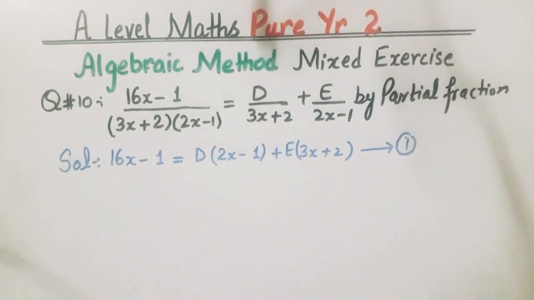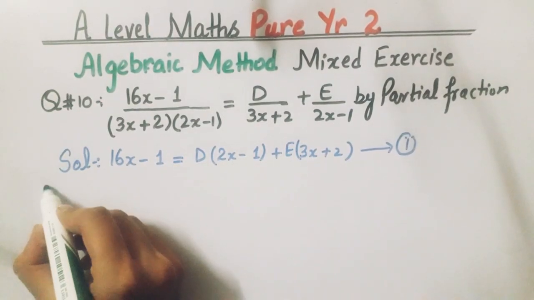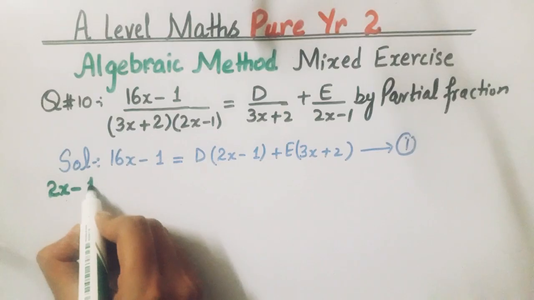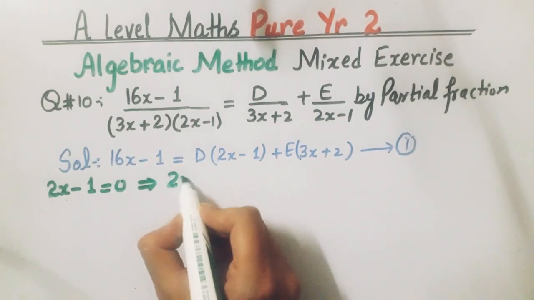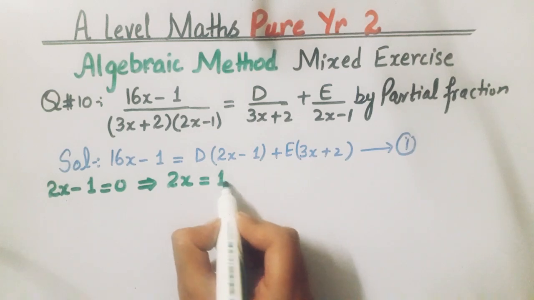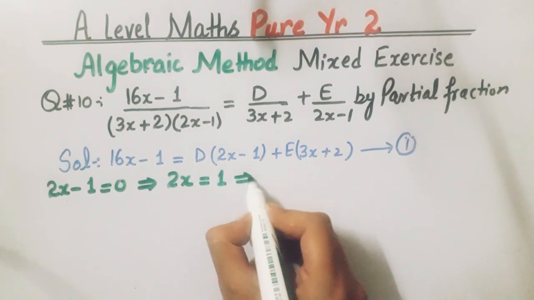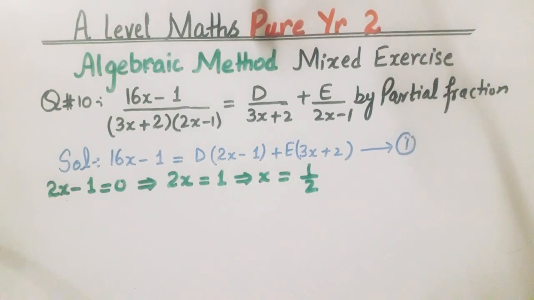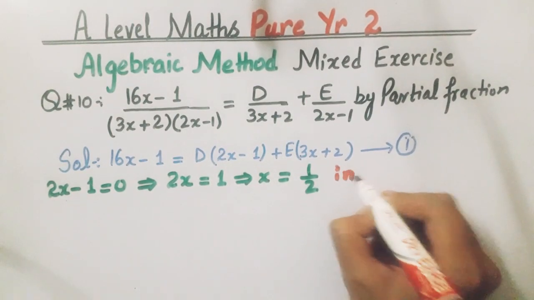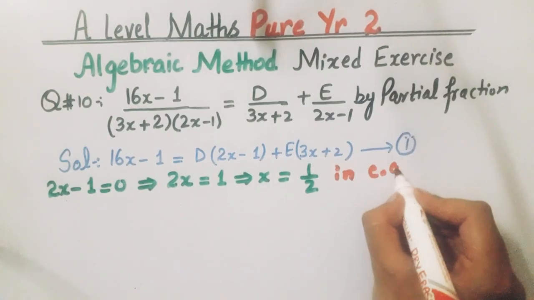First of all, take any one factor. We take 2x minus 1 equals 0. This implies that 2x equals 1, and to find the value of x, we write x equals 1 over 2. Now we will substitute this value in equation 1.